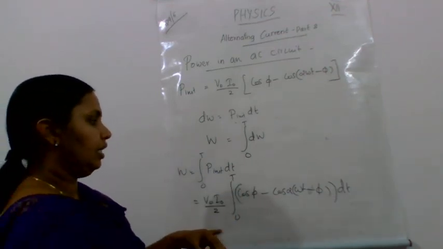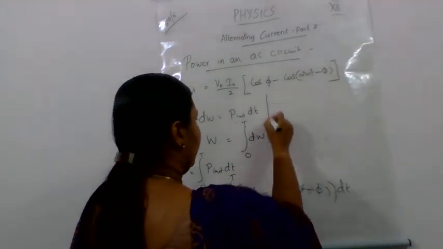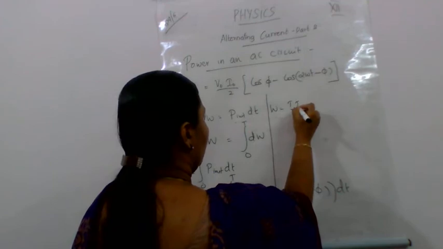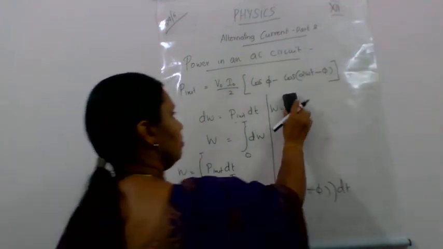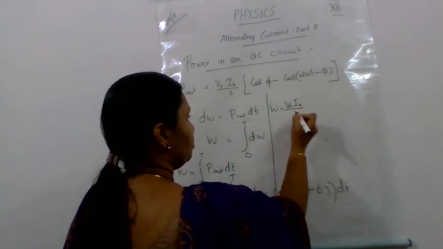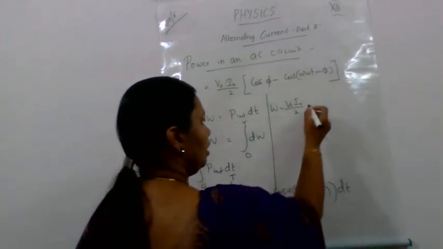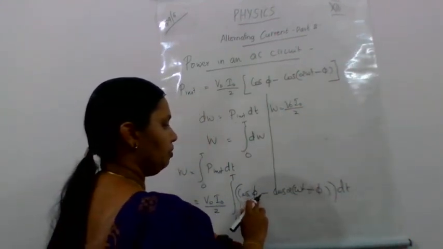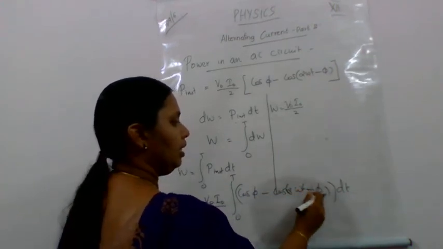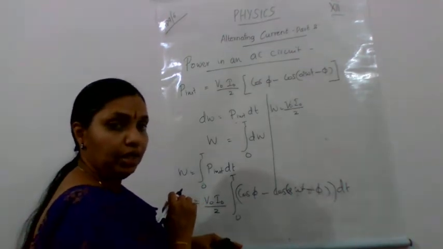Then integrate. So what will you get? Writing it here, W is equal to V0 I0 by 2, and then we can separate this cos phi minus cos(2 omega t minus phi) dt as two terms.